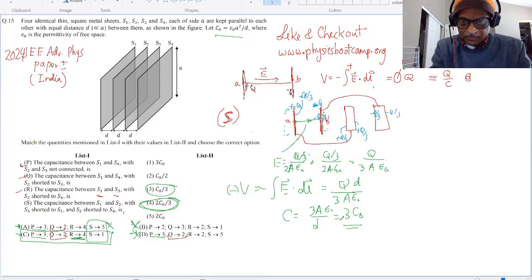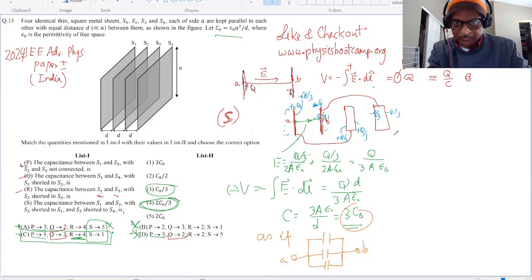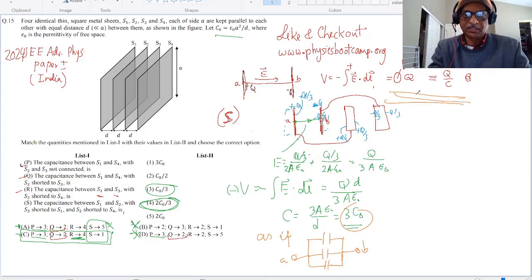So this is as if there are 3 of these guys in parallel, and this is A and this is B. That's the only way we're going to get 3C0. So there are ways you can think about it, but I find this to be a much easier way to look at it, and it connects with the basic definition of how to think about capacitance.